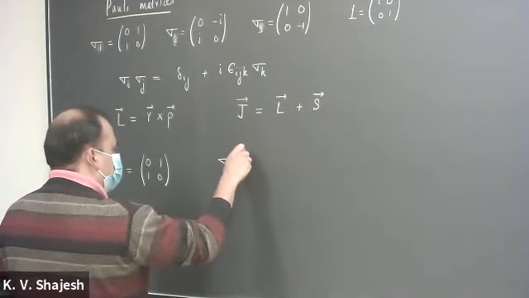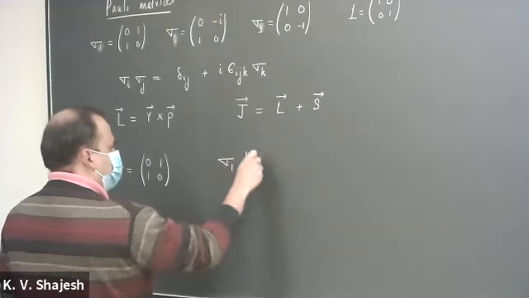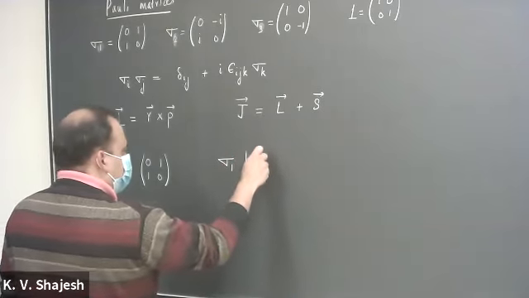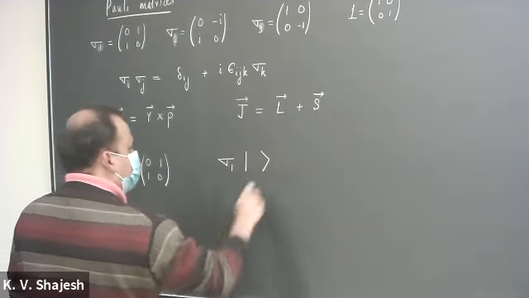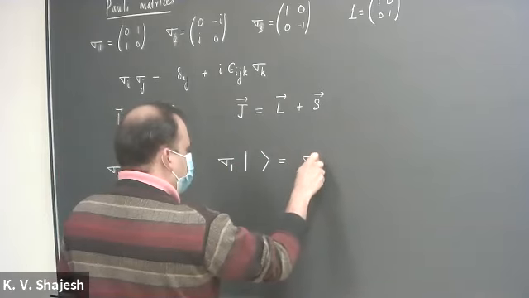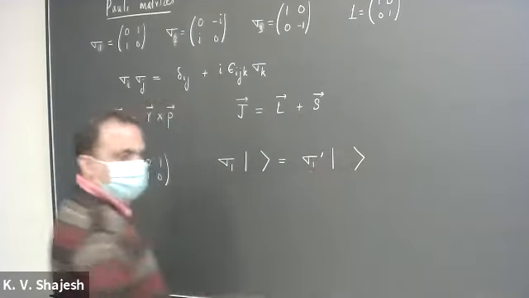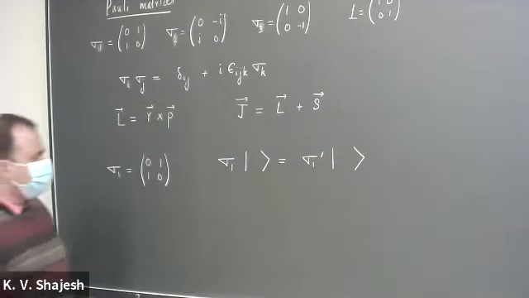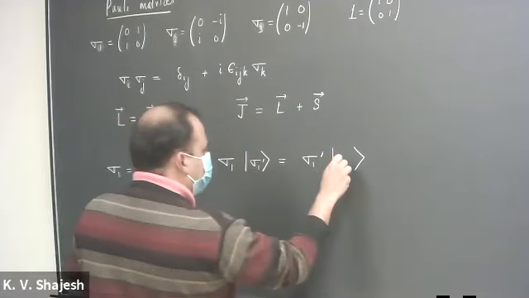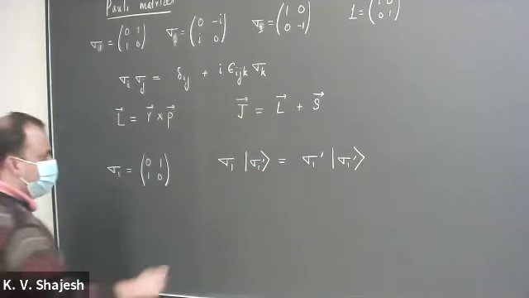So this is a matrix now, right? And this will be a vector, equal to sigma 1 prime times a vector. Okay, so let me fill this in. There's some nomenclature here.